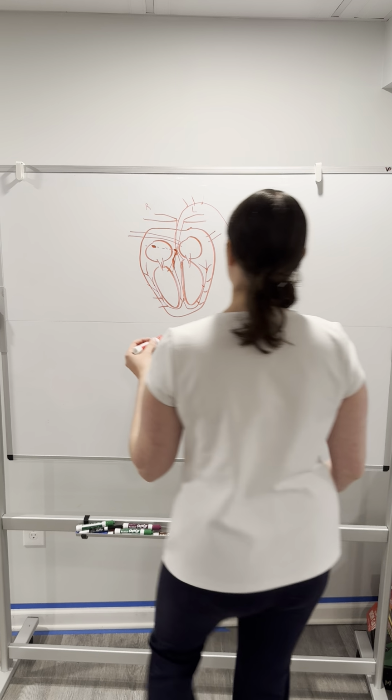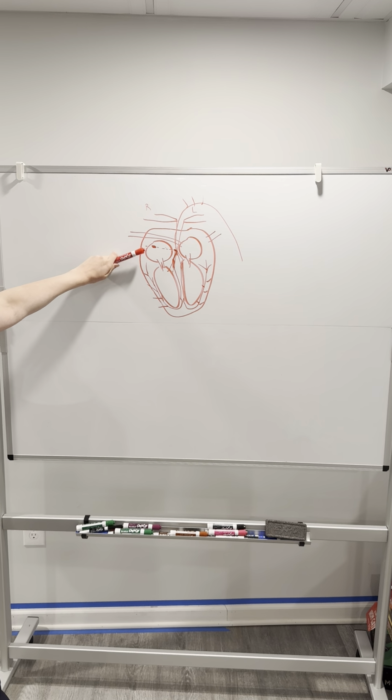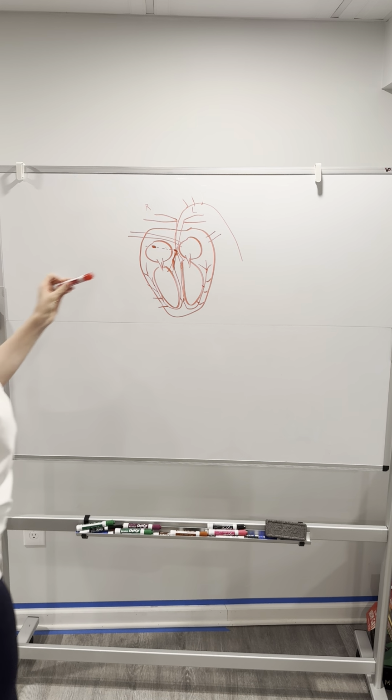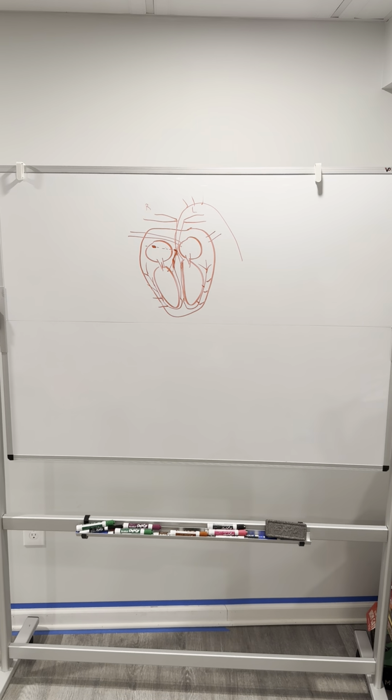Okay, so again, let's just go through this quickly. We start in the sinoatrial node in the right atrium. That's the pacemaker, which makes the pace of the heart rhythm. Then we go to the AV node.